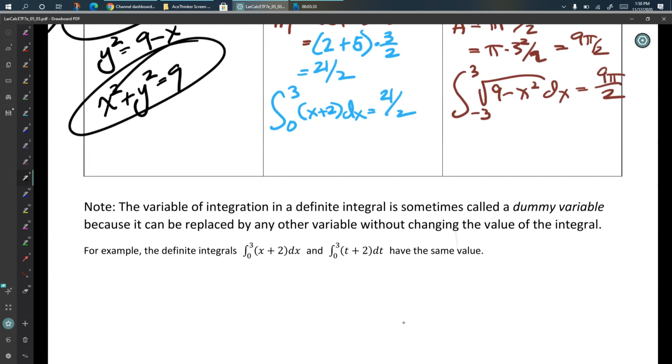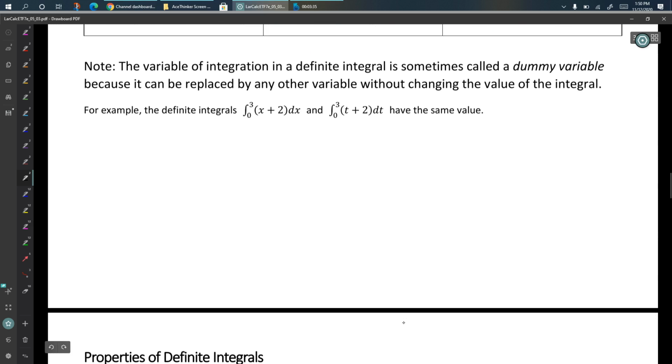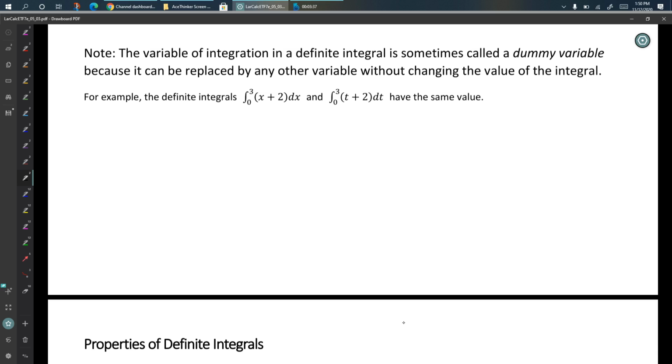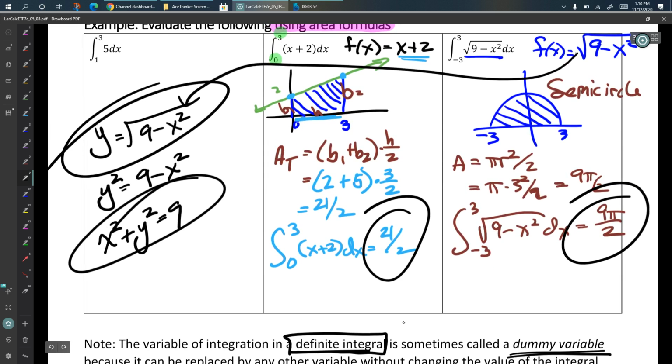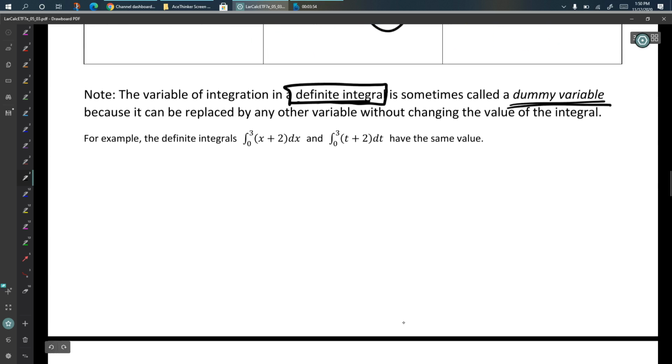Okay. All right, one thing to note about integration, whether it's a definite integral or an indefinite integral, but definitely in the definite integral, no pun intended, the variable is sometimes referred to as a dummy variable. Because you'll notice that the answer is a number. The answer doesn't contain a variable. The variable doesn't matter. So these two integrals have the same value because the variable doesn't matter.